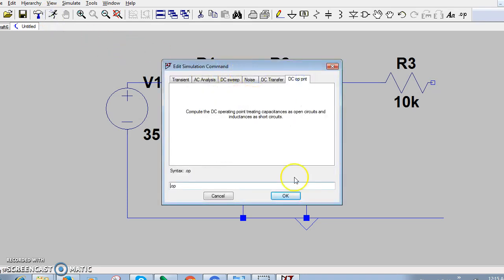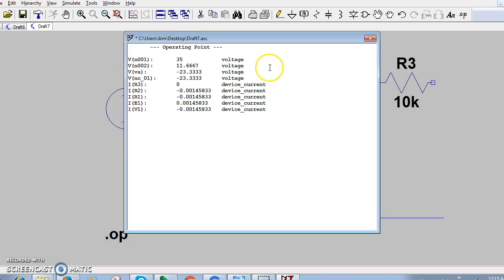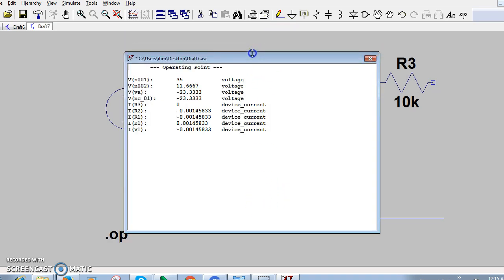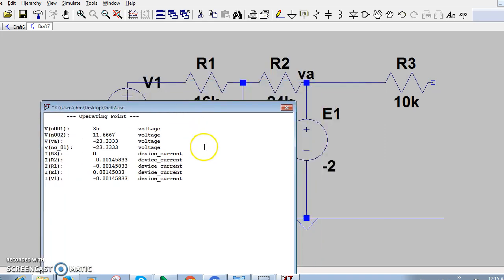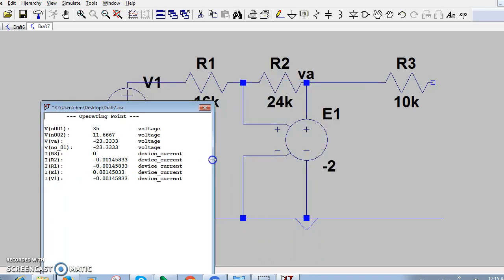DC operating point, and yes, over here we can see that the voltage VA is -23.33, which gives us the VThevenin.